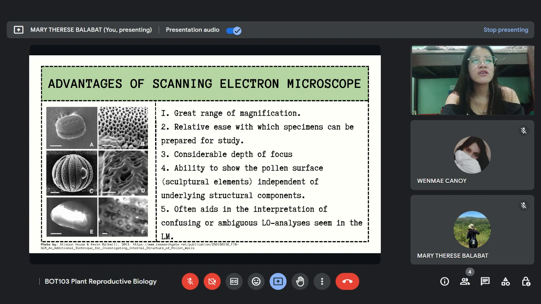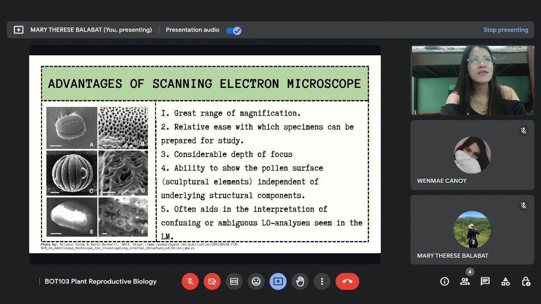And also, it often aids in the interpretation of confusing or ambiguous analysis seen in the light microscope. It is way better than the light microscope. So, also, one may deliberately break pollen grains and study them with this microscope in order to acquire a three-dimensional view of the internal wall structures such as this.